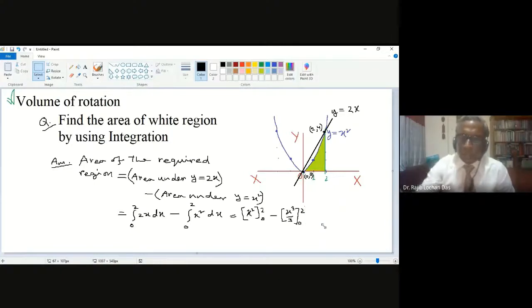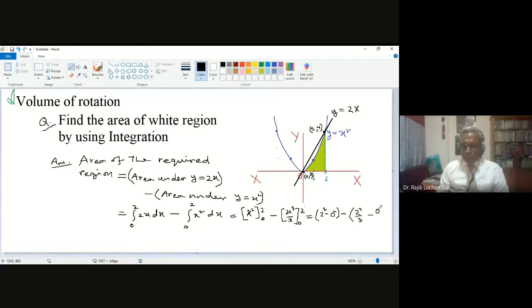Next line, আমরা তাহলে এখানে কন্টিনিউ করি। That will be 2 square minus 0 square, and then minus, this part is 2 cube by 3 minus 0 cube by 3. So you can now write the answer like 4 minus 8 by 3.